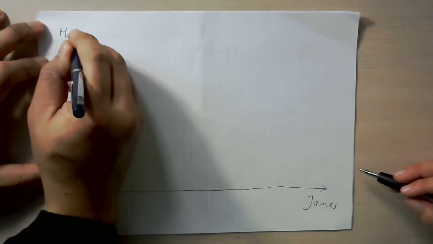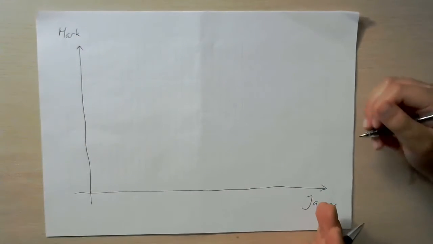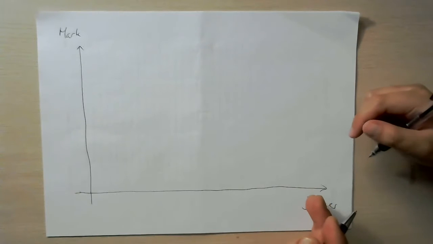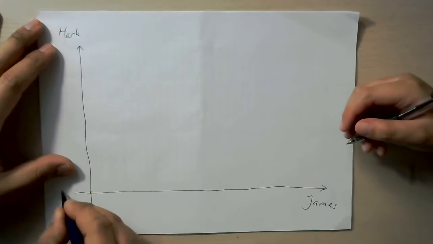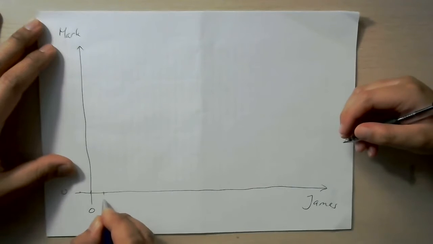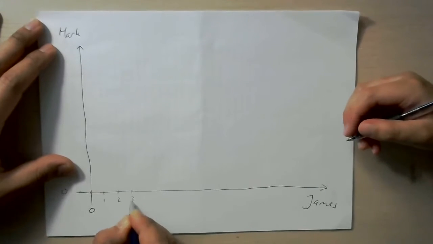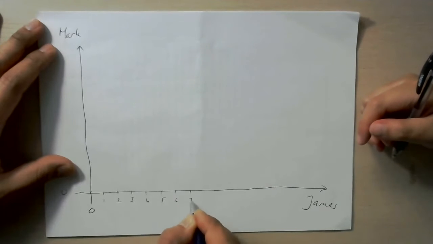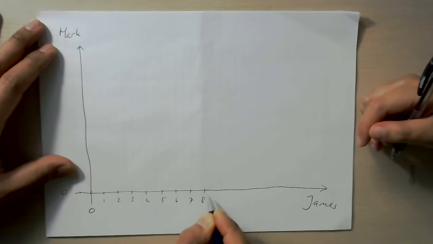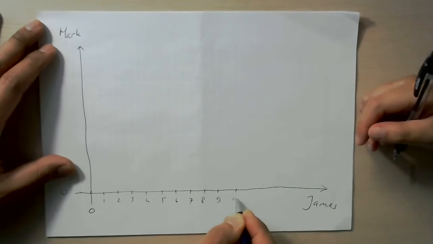So this is 0 and 0. This is 1, 2, 3, 4, 5, 6, 7, 8, 9, 10, and so on.